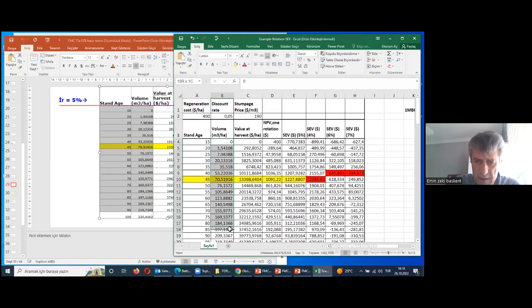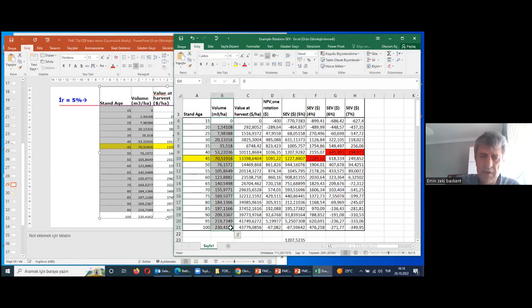And this is the amount of volume or yield that will occur at a certain age, given by a certain growth and yield curve or equation. These are given to us. Or an equation would be given to calculate the amount of volume or yield per hectare at a certain age.